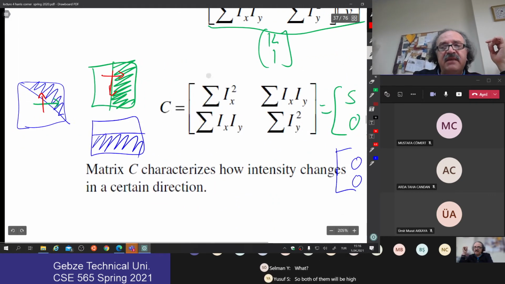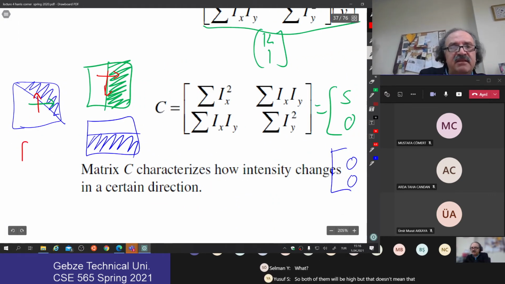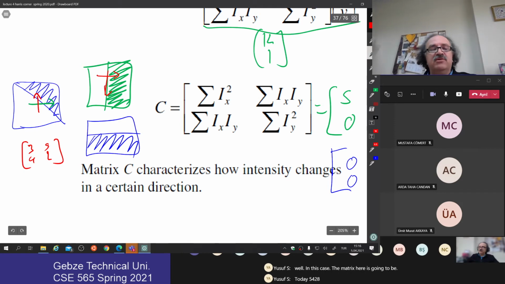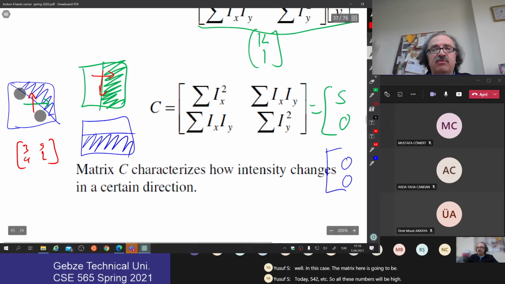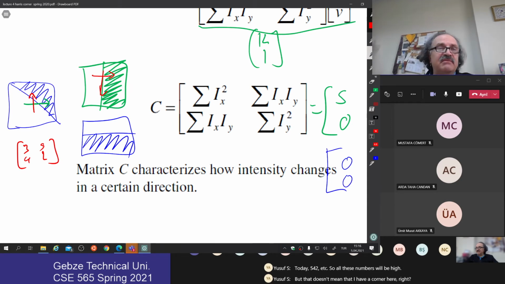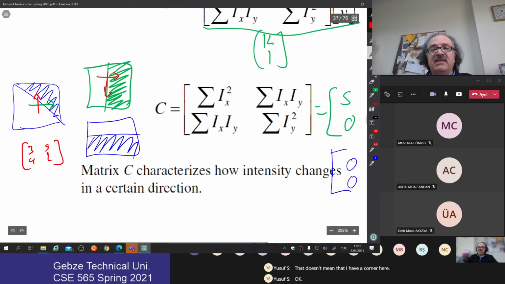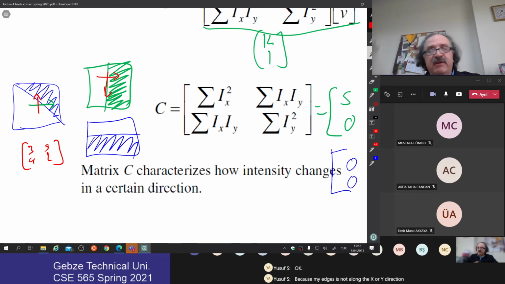In this case, the matrix here is going to be 3, 5, 4, 2, etc. So all these numbers will be high. But that doesn't mean that I have a corner here, right? Because my edge is not along the x and y directions, but it is along at some certain angle.